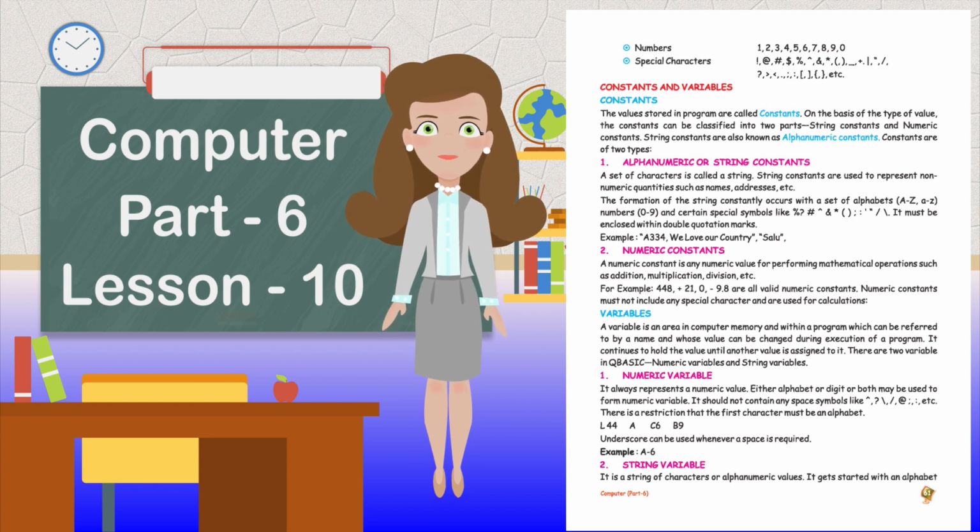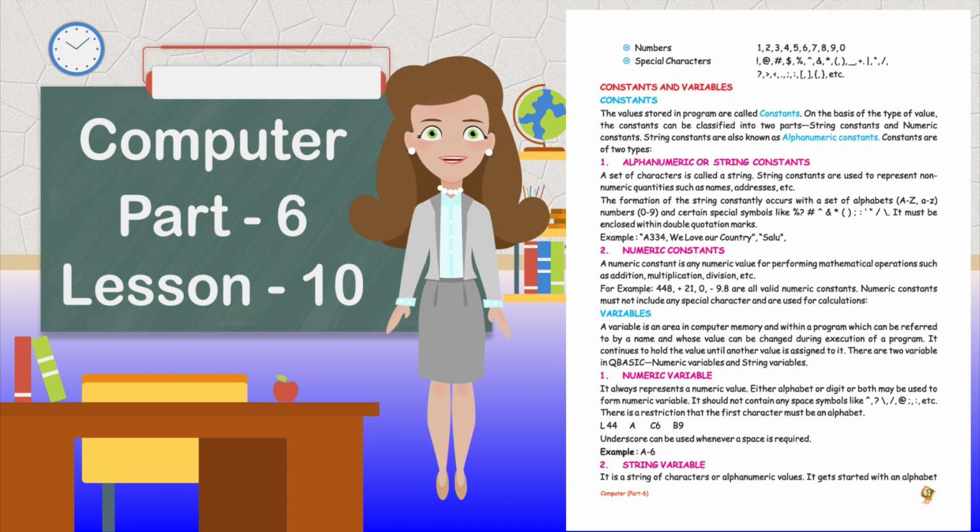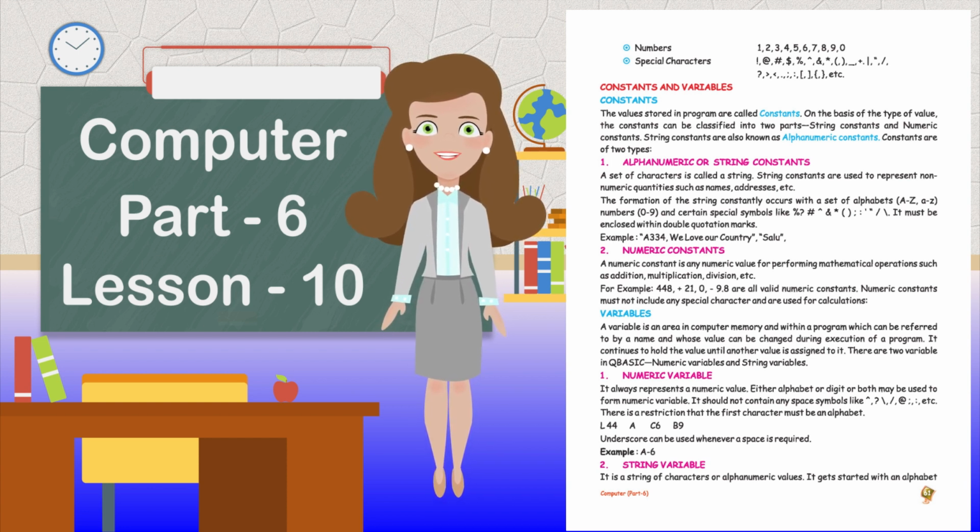Number 1. Numeric variable. It always represents a numeric value. Either alphabet or digit or both may be used to form a numeric variable. It should not contain any space or symbols like exponentiation, question mark, slash, at the rate, semicolon, colon, etc. There is a restriction that the first character must be an alphabet.